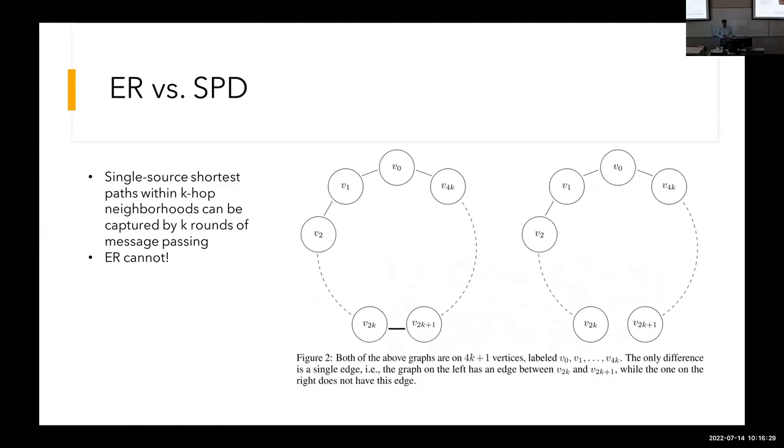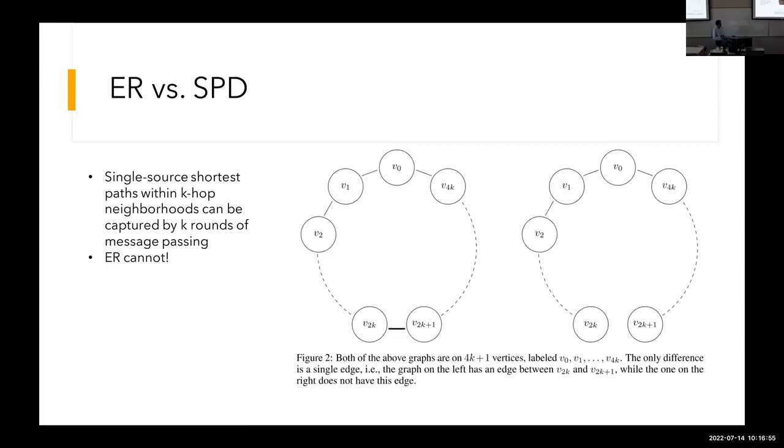Okay, and then just to give you another example, right? So I mentioned that shortest path distance you can actually get via some GNN within a small number of hops. You cannot actually do this with ER. So here's an example. We have this left graph and a right graph. The left graph is a cycle. The right graph is actually the same graph, except that we delete one of the edges in the cycle.